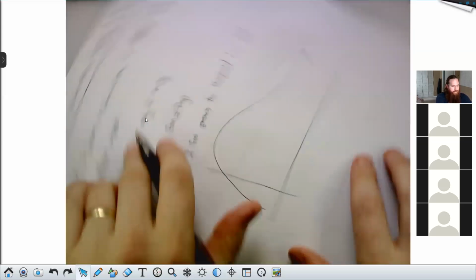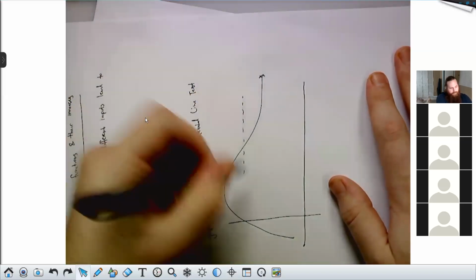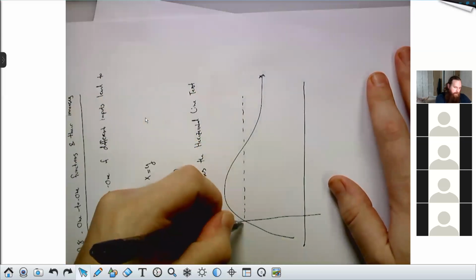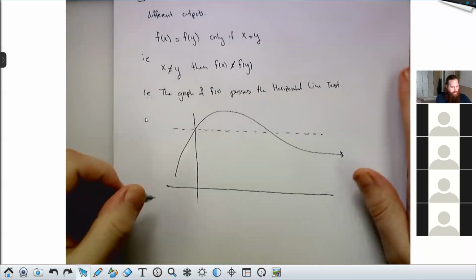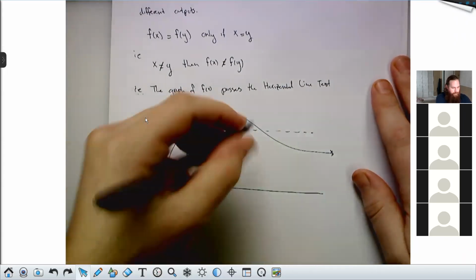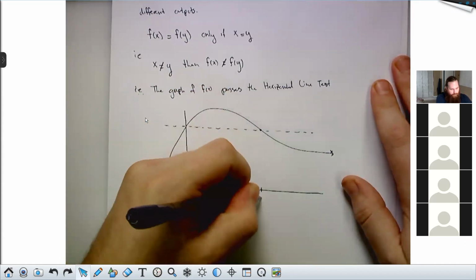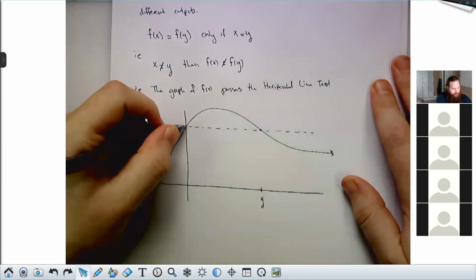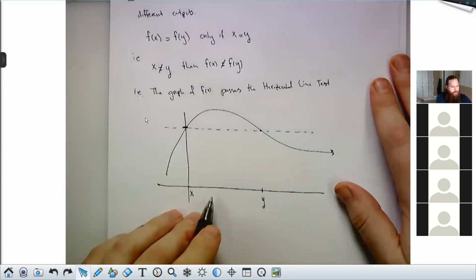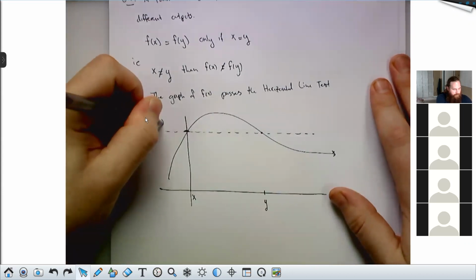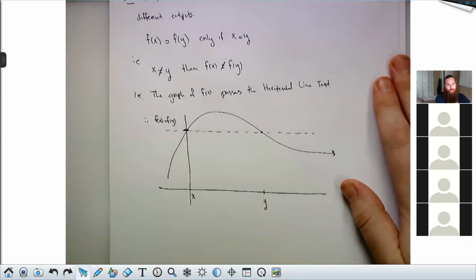If any horizontal line strikes your graph in more than one place, the function is not one-to-one. Because if there is more than one place where a horizontal line strikes your graph, then what you've done is found two different x's such that f of x is equal to f of y, in violation of this definition.